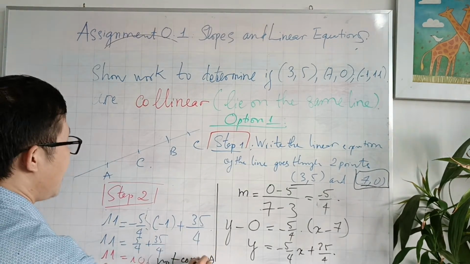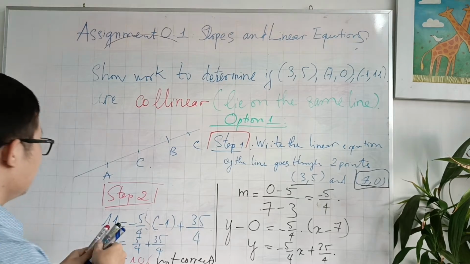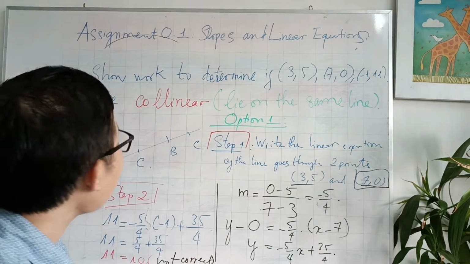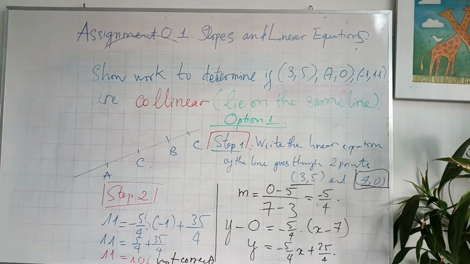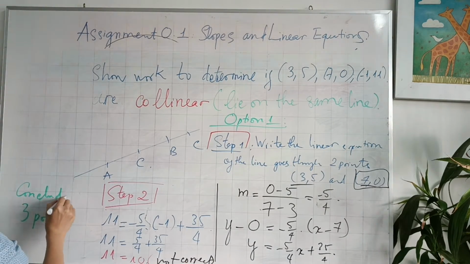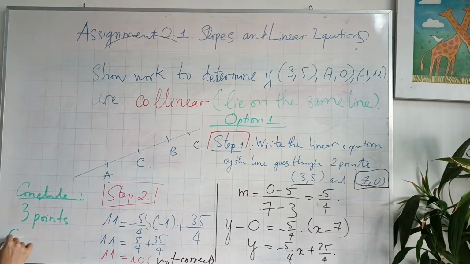And our last answer is: the 3 points are not collinear. Conclude: three points are not collinear.